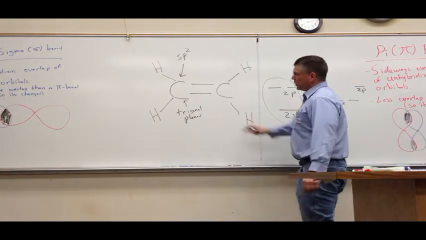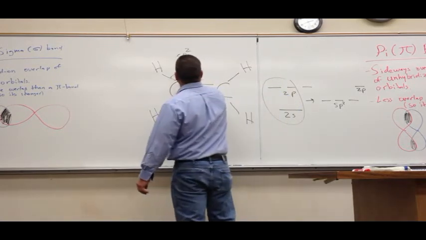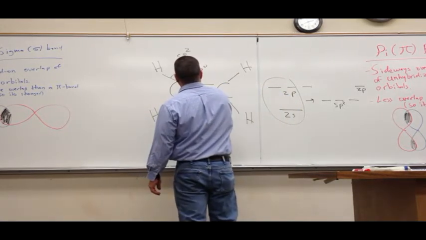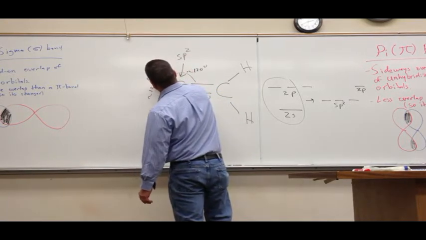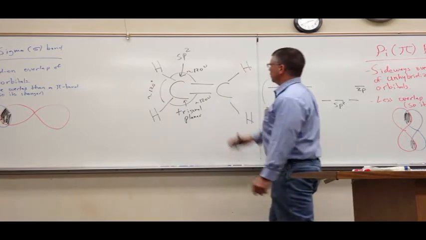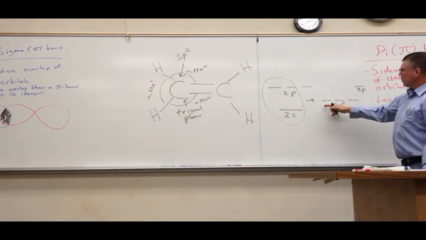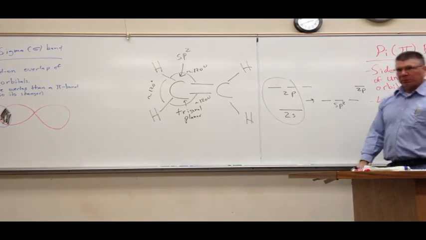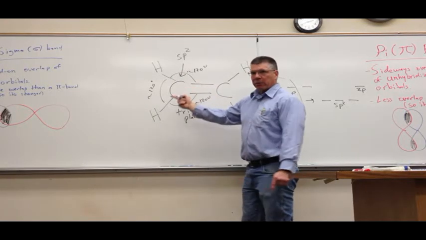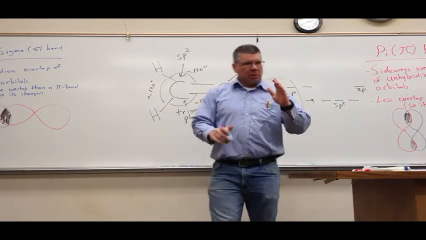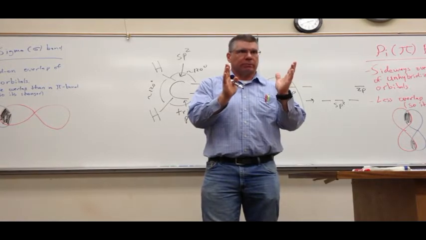So what we know about this carbon is the bond angle is about 120 degrees. It's sp2 hybridized, which means that on that central carbon, there are three sp2 orbitals. Because the geometry is trigonal planar, those sp2 orbitals must be at a 120-degree angle from each other, right?